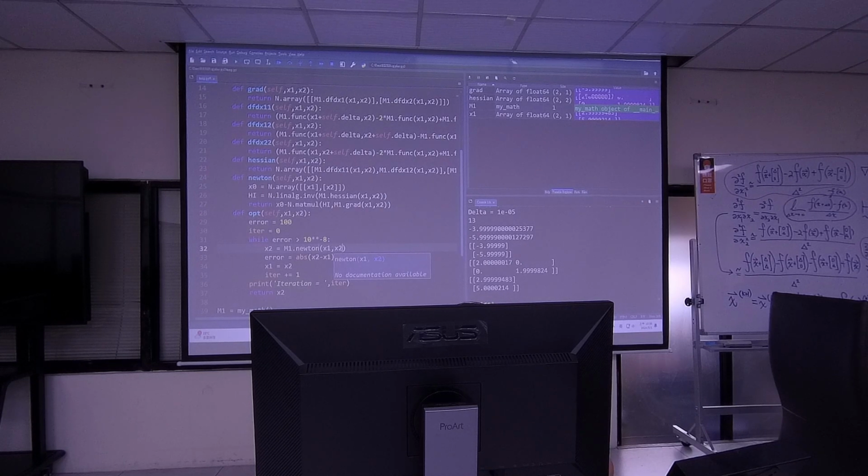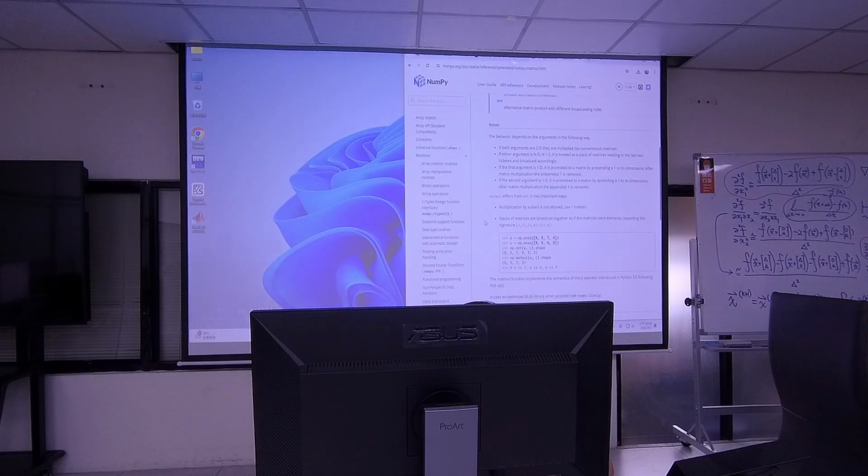x2. So I cannot call this x1 and x2 anymore. In return it's going to be a NumPy array. So I'm gonna call this y. So y is a NumPy array. So when I calculate this difference, I need to compute something called norm.